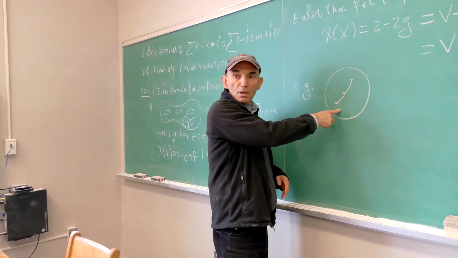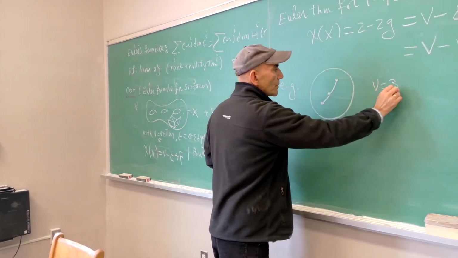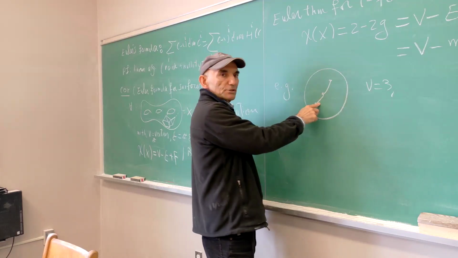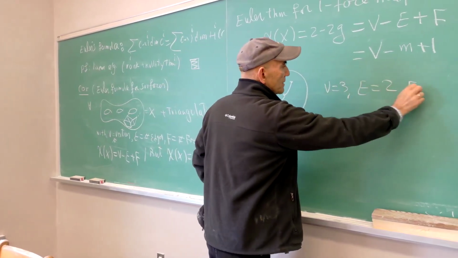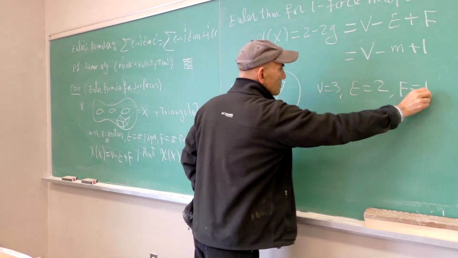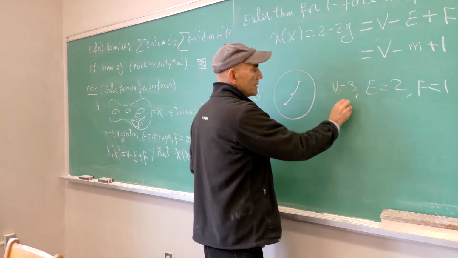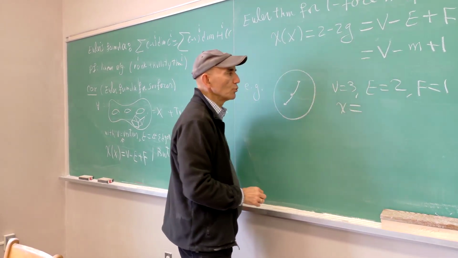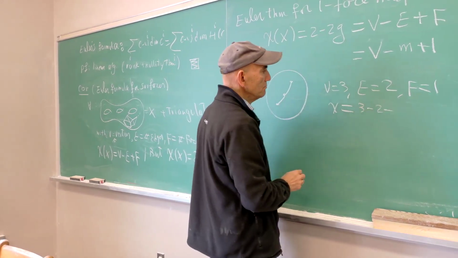This was our gamma. So we have got V equal to 3 here. Number of edges is 2. Number of faces is equal to 1.